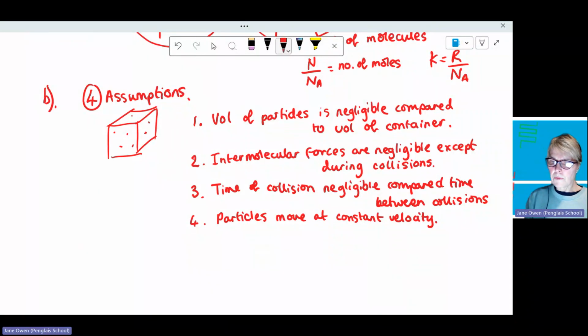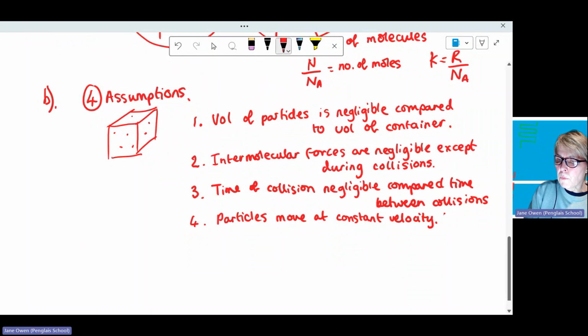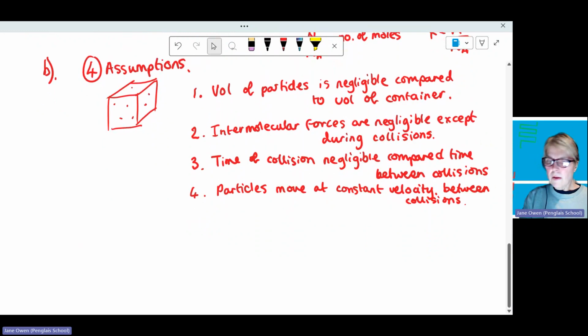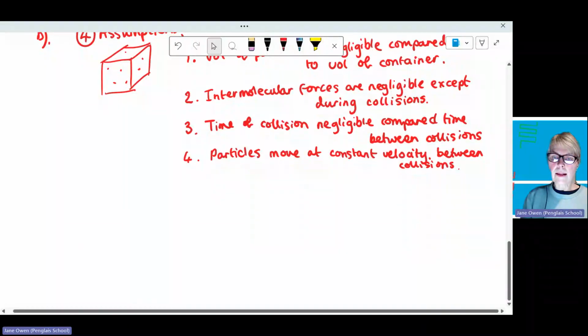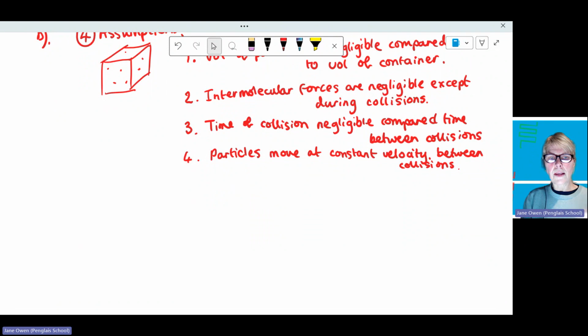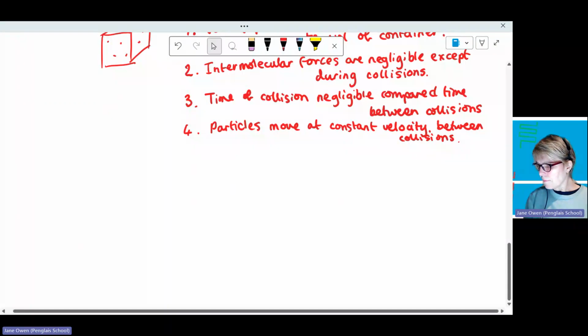So particles move at a constant velocity between the collisions. Clearly, when they collide, the velocity is going to change. And we are assuming that the collisions themselves are completely elastic, so that the velocity going into the collision with the wall is the same as the velocity coming out. It's just in a different direction.